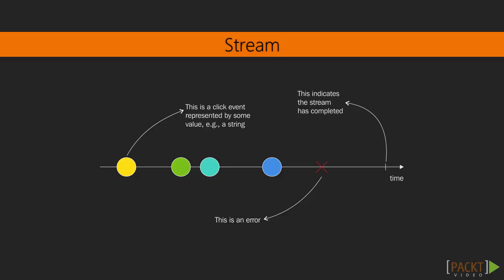Consider that the completed takes place, for instance, when the current window or view containing that button is closed. We capture these emitted events only asynchronously by defining a function that will execute when a value is emitted, another function when an error is emitted, and another function when completed is emitted. So these are the three different events which are getting emitted from this stream.